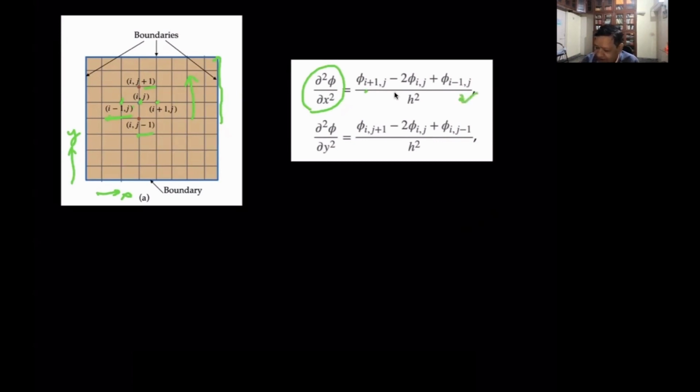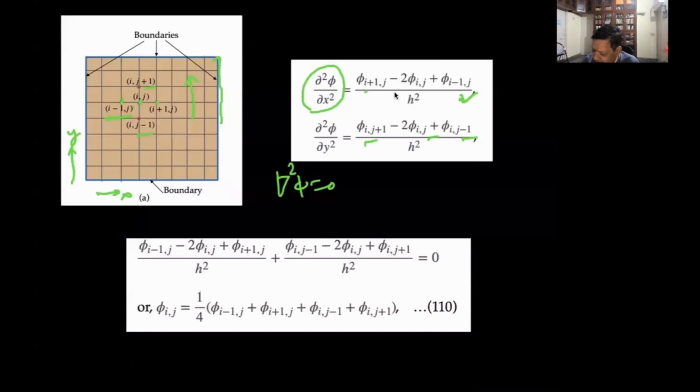Okay, so this is the central difference scheme. Same thing for y, except that along y, j will be varying: j plus 1, j minus 1 and j. Now you can sum it up. So the Laplacian is the sum of these two, equal to 0.